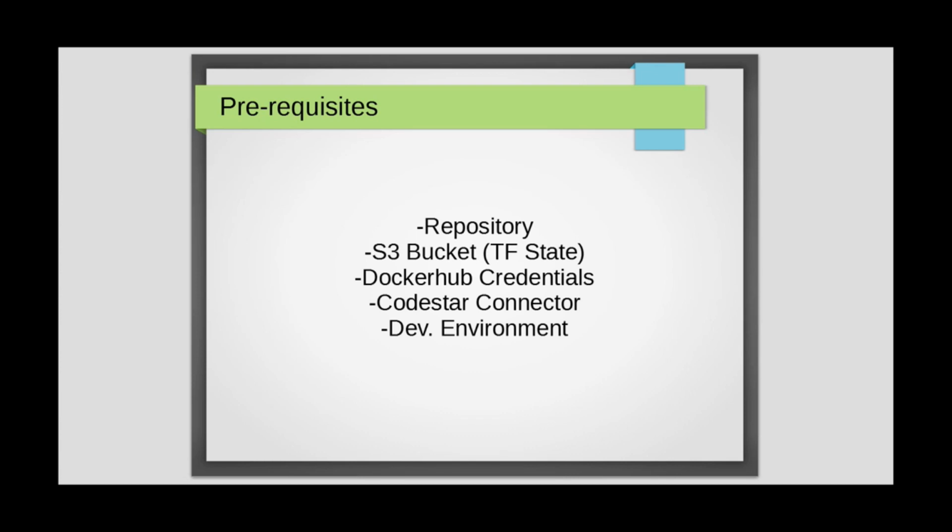We'll need to create a CodeStar connector so that we can link up AWS CodePipeline and GitHub to get that integration going. There's another method using webhooks which is being phased out, so we'll be using the CodeStar connector. And finally, we have our dev environment. This is just cloning our GitHub repository locally so we can start making changes.